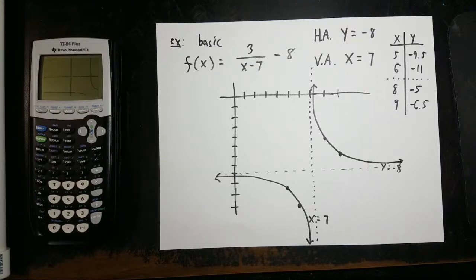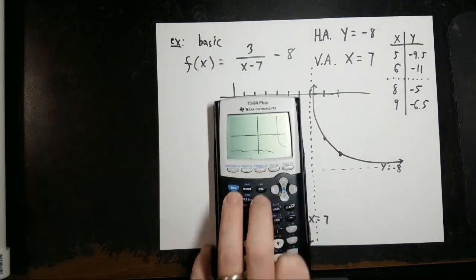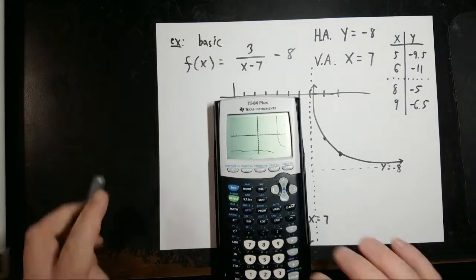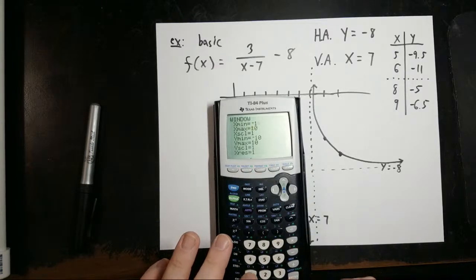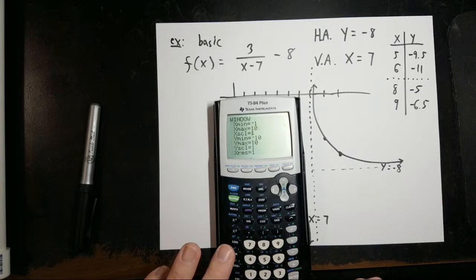Identify your asymptotes. Create a table of values. Carefully draw this thing out. Now, my calculator, again, doesn't show the full story, but if I were to change my window up, could I go 10? Yeah, I go 10. Cool.